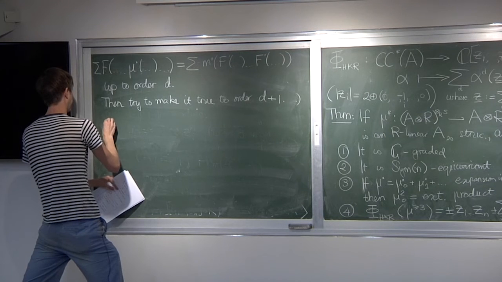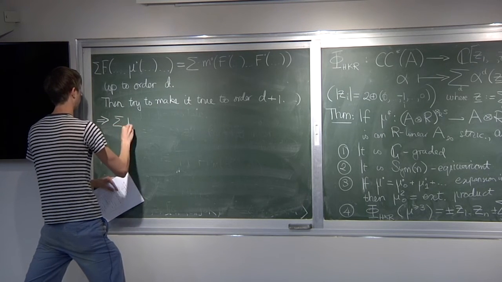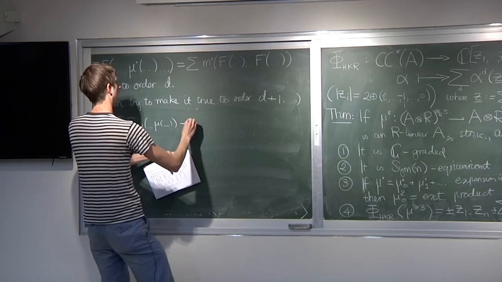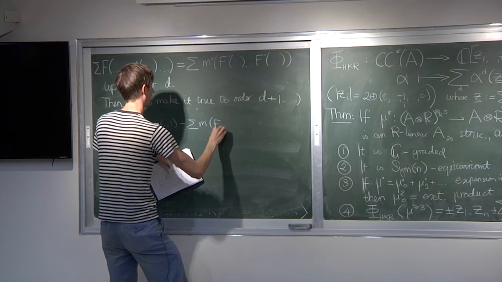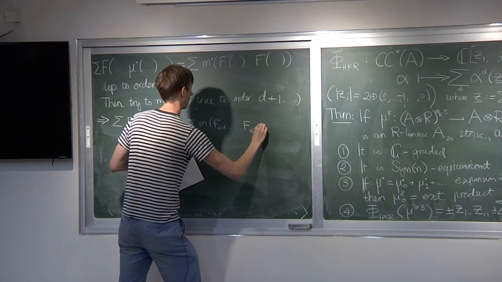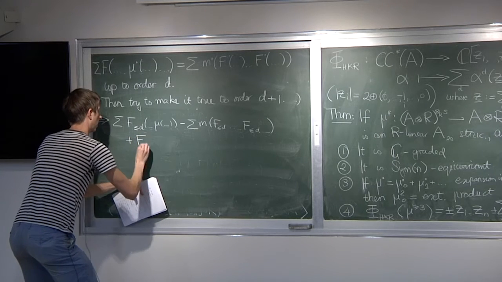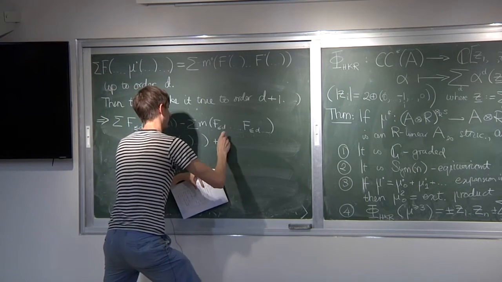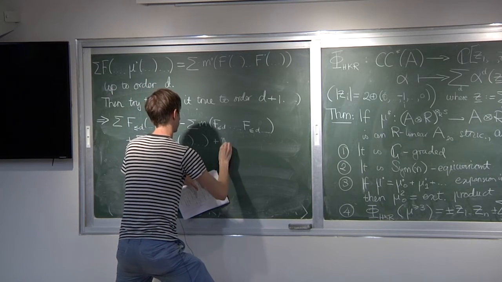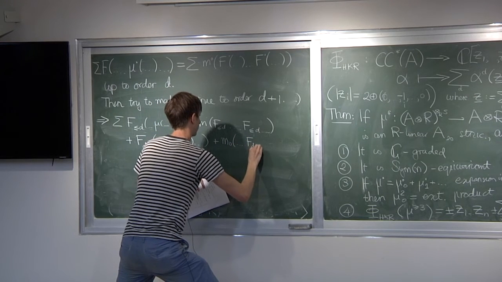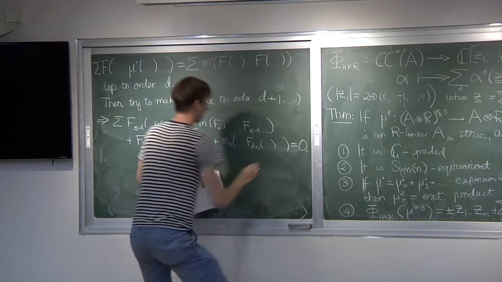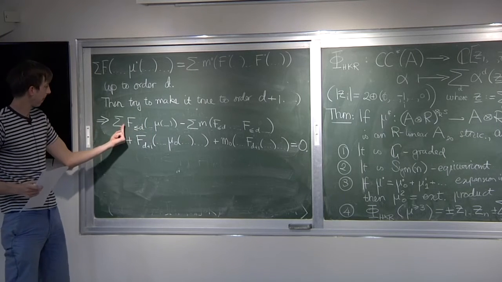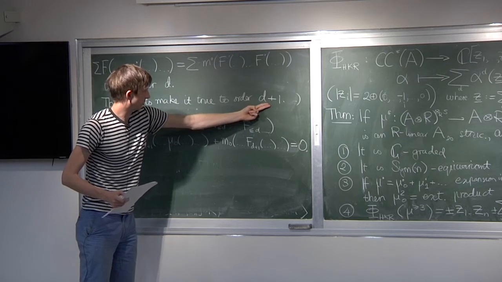What you're going to find is that you have chosen F naught, F1 up to Fd, and you're trying to see if this equation is true to order D plus 1.